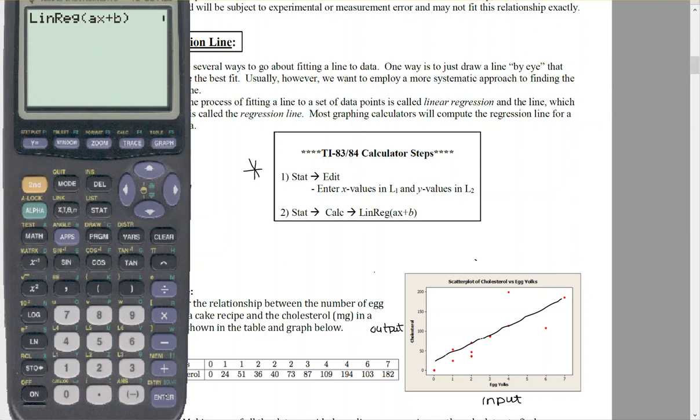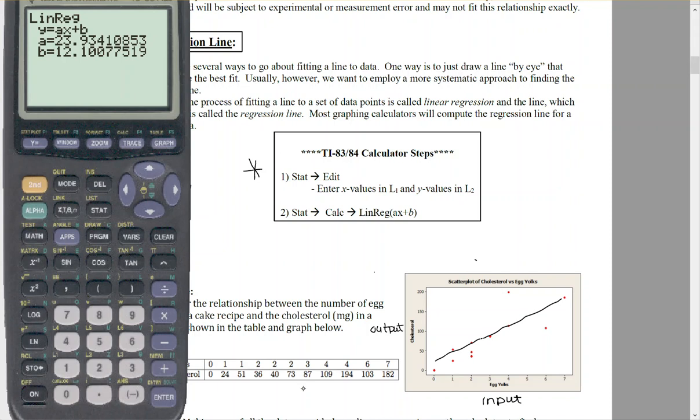On my calculator, I just have to hit Enter once. On newer calculators, you may have to press Enter a couple of times, all the way down to the word Calculate, and then hit Enter again. And I see that my A is 23 point, and then there's a bunch of digits after that, and then 12.1 with a bunch of digits after that.